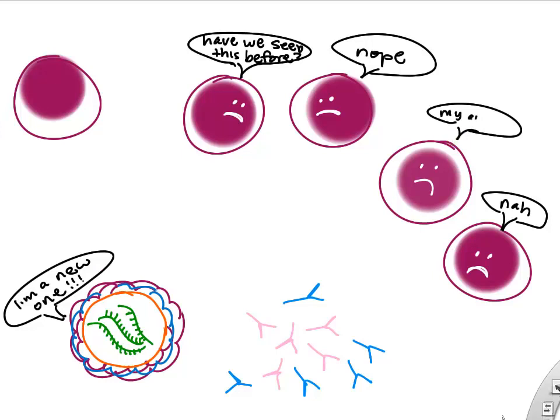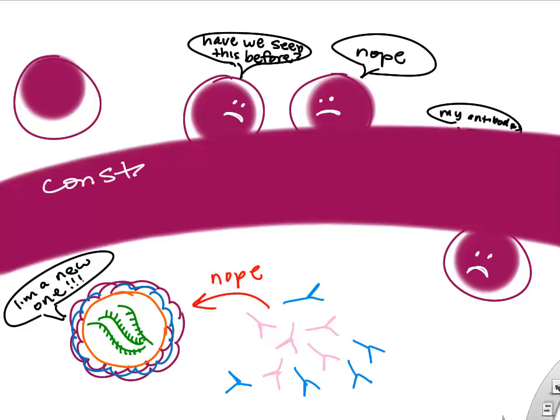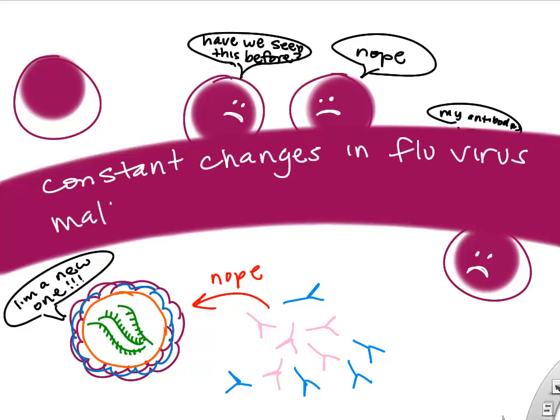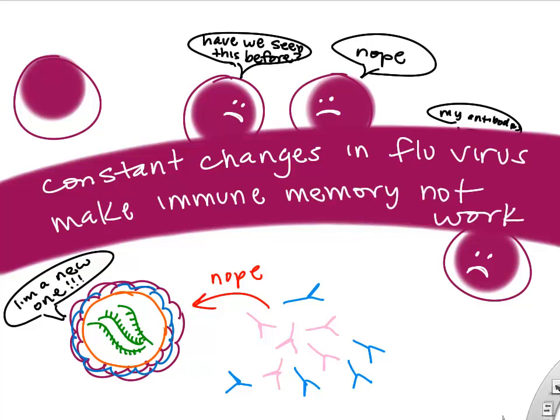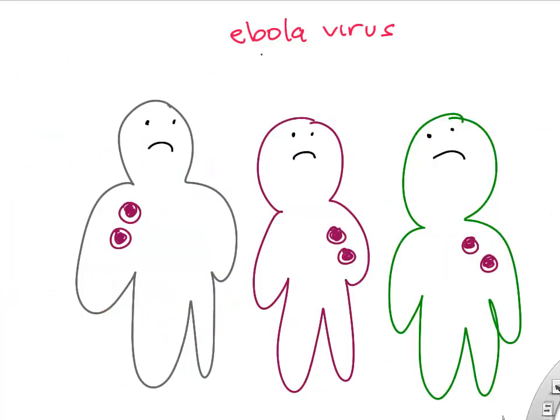So every time you get exposed to a new version of the flu virus, it's as if your body's never been exposed to it before. You don't have any protective antibodies and protective cells ready to defend you. So the constant changes in the flu virus make our immune memory sort of not work at all because we keep getting exposed to new versions.